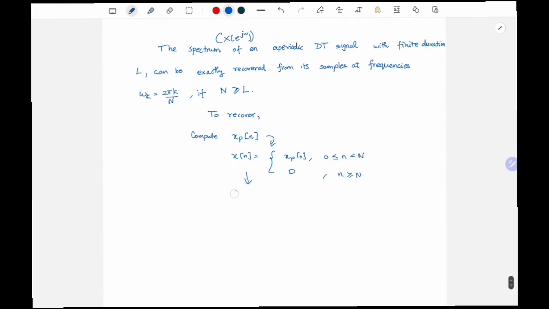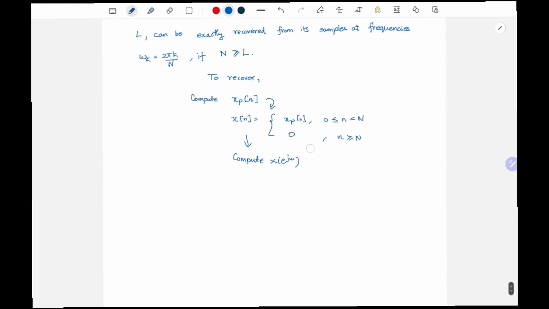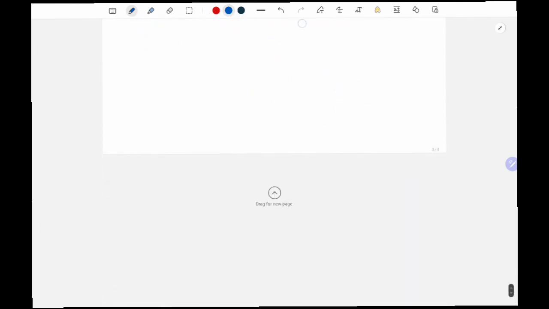And then compute X of e power j omega from this. And we can also directly express this X of e power j omega in terms of the samples. So we will see how that is possible.